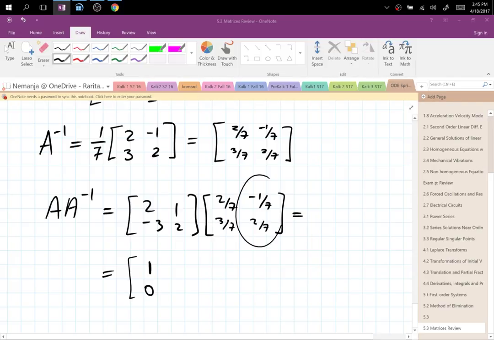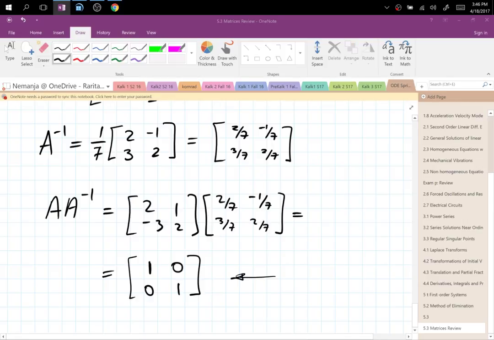Move 1 over, so you get negative 2 sevenths and positive 2 sevenths is 0. Great. And then we have this one and this one, so what is this? That's 3 plus 4 is 7 sevenths, so 1. That's identity.